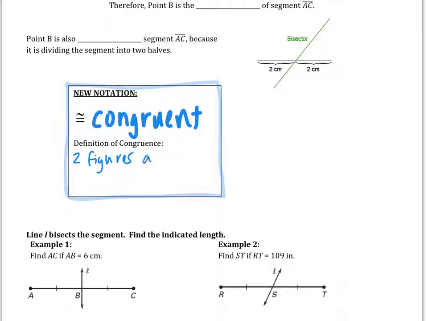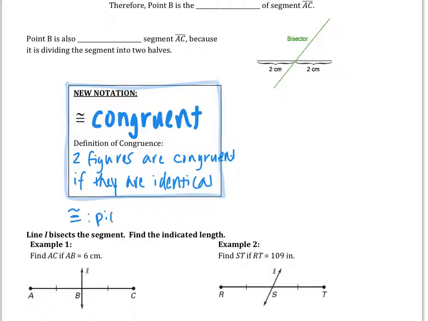Two figures are congruent if they are identical, if they are equal. So congruent is for pictures, images, lines, planes, segments. Equal is for numbers.